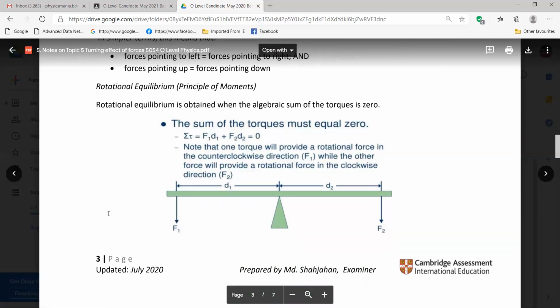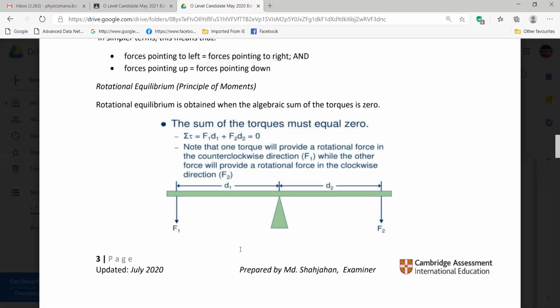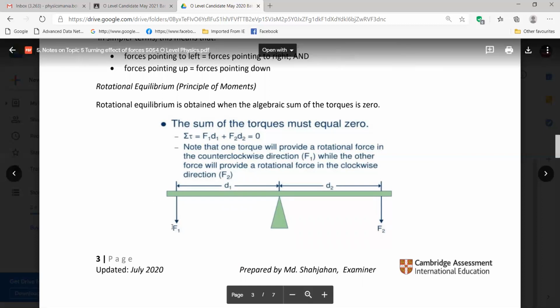So here we got, look here, F1 D1, right? And F2 D2 as the moment. If one moment is clockwise, this one is anti-clockwise, and this one is clockwise. So they are in opposite direction, right?